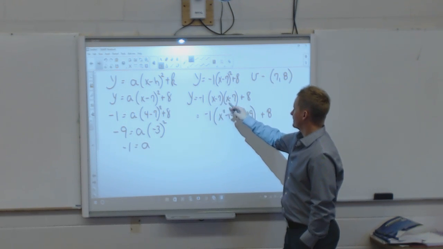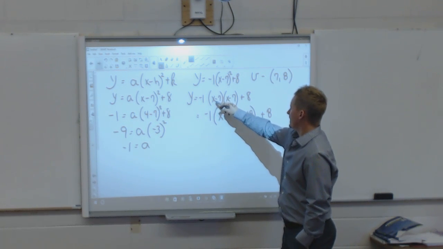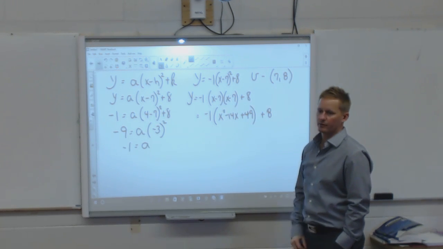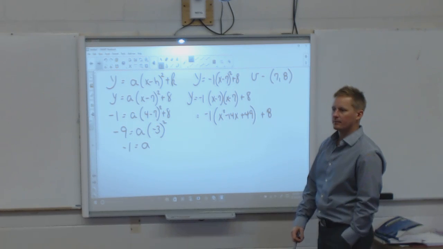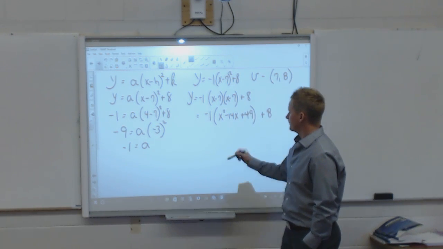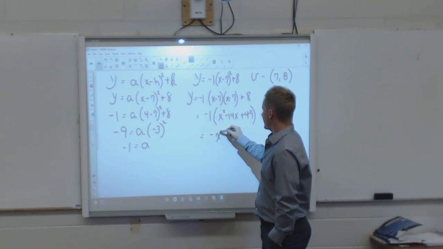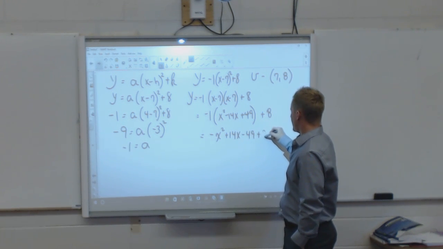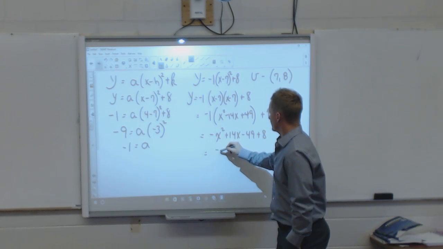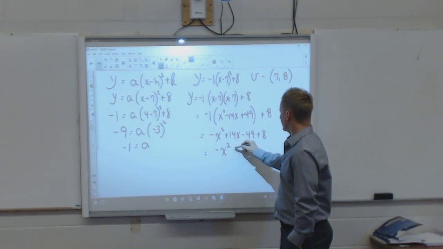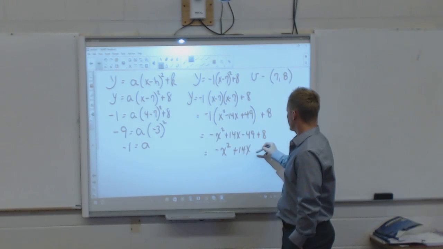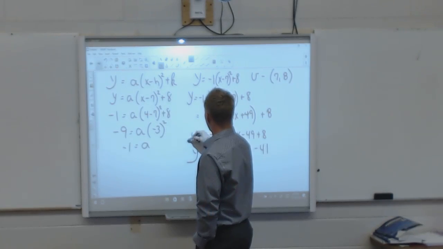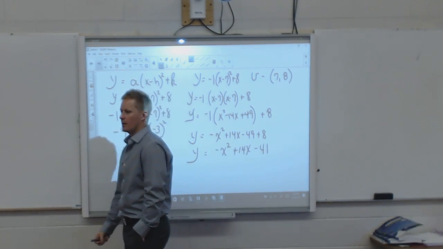Okay, so x times x is x squared, minus 7x twice makes minus 14x. Minus 7 times minus 7 is 49. Again, I'm going through it quickly because we should know how to FOIL that. So now I have minus x squared plus 14x minus 49 plus 8 equals minus x squared plus 14x minus 41. Y equals. Don't lose that y equals.